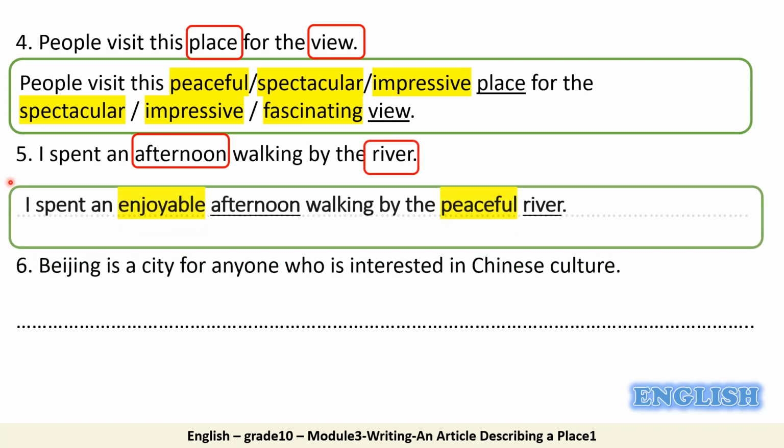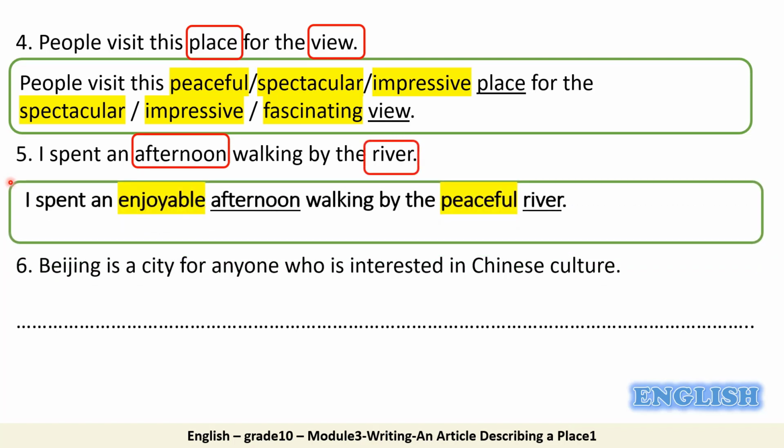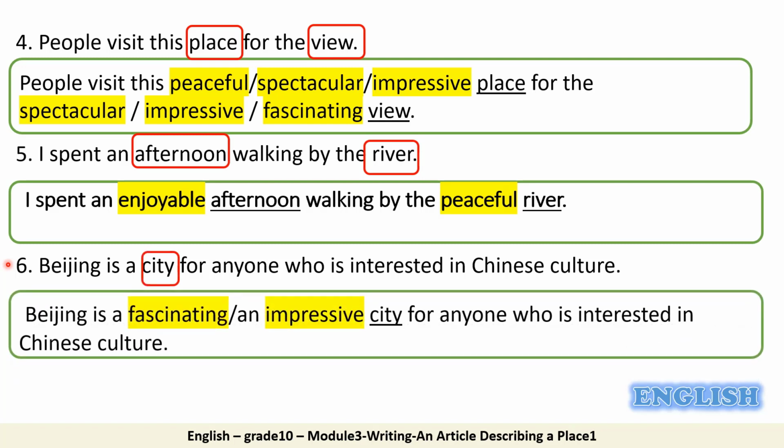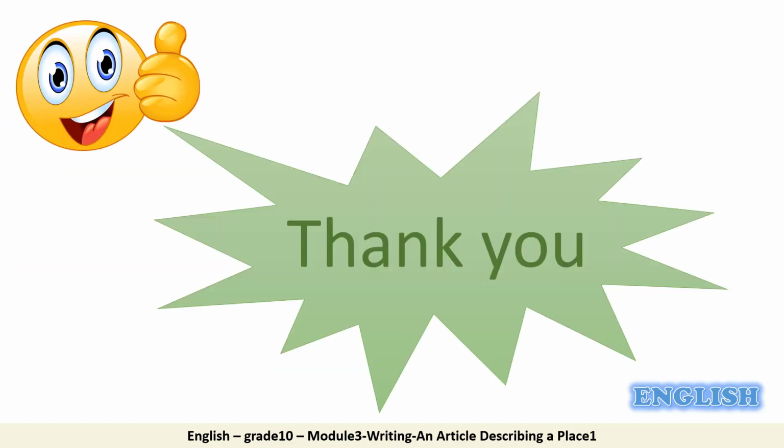And the correct answer is, I spent an enjoyable afternoon walking by the peaceful river. The last sentence, Beijing is a city for anyone who is interested in Chinese culture. So I need to describe the city, and I say, Beijing is a fascinating or impressive city for anyone who is interested in Chinese culture. Thank you, dear students.